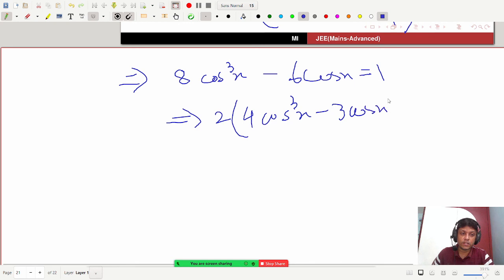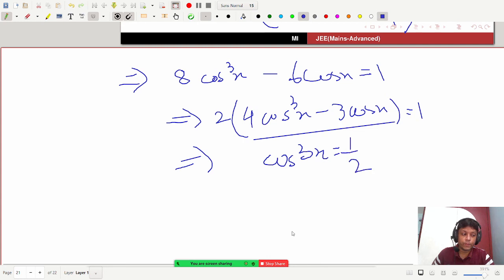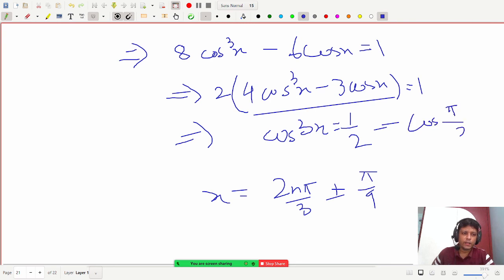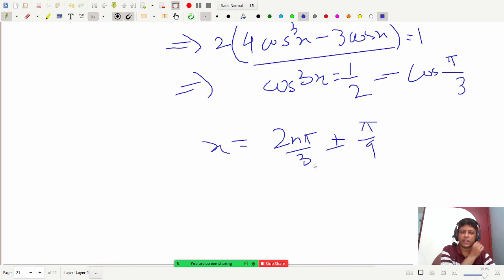This is nothing but the formula for cos 3x. So cos 3x equal to half. The general solution will be x equal to 2n pi by 3 plus minus pi by 9. Why? Because half is cos pi by 3. That is the solution.